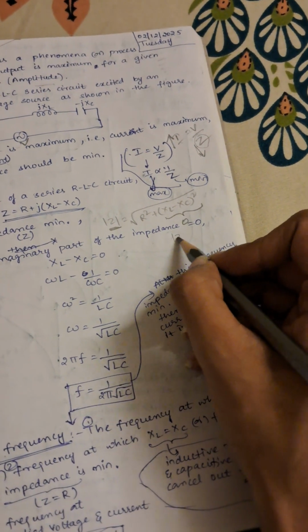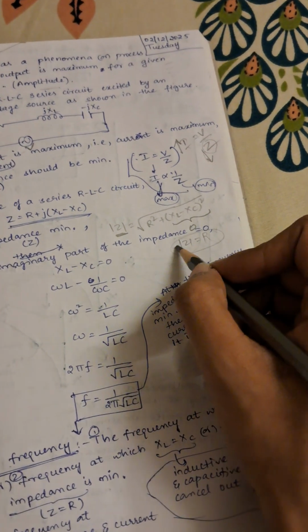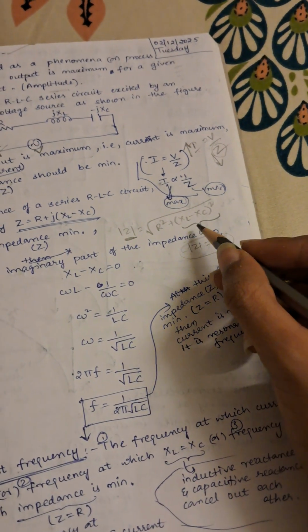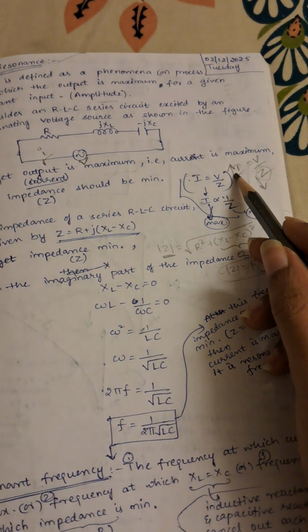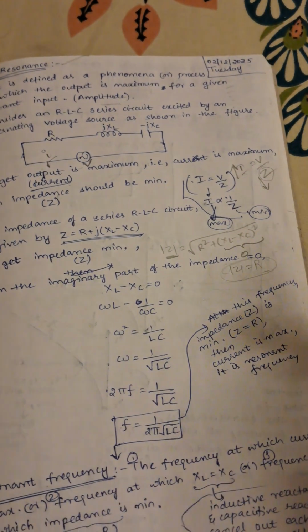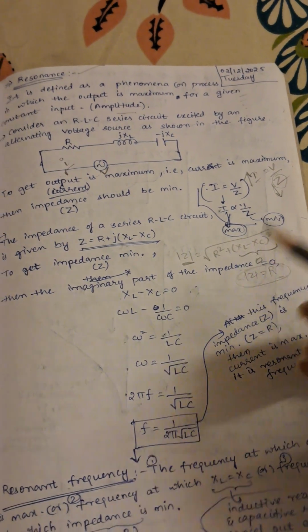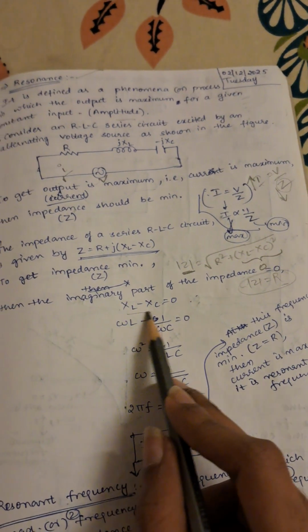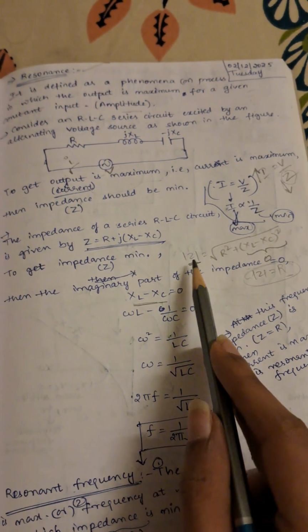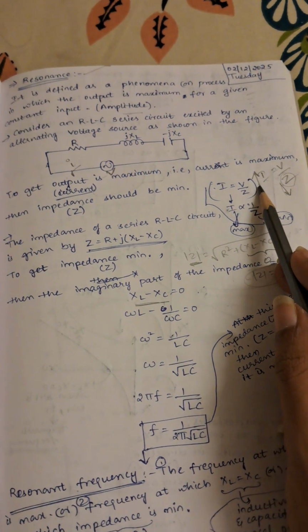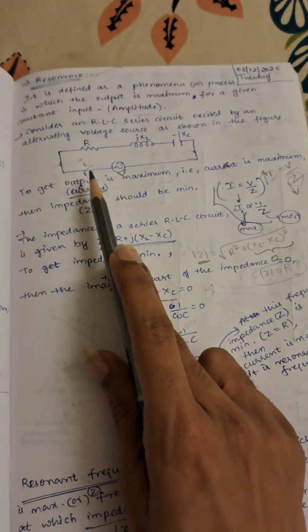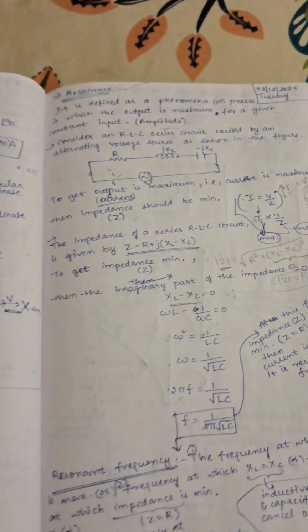If this is 0, Z will be R. The minimum value is R. So to get maximum current in resonant condition, XL minus XC will be 0. The imaginary part will be 0. Then impedance Z will be minimum. If Z is minimum, then current will be maximum, meaning output is maximum. Then this condition is known as resonance.